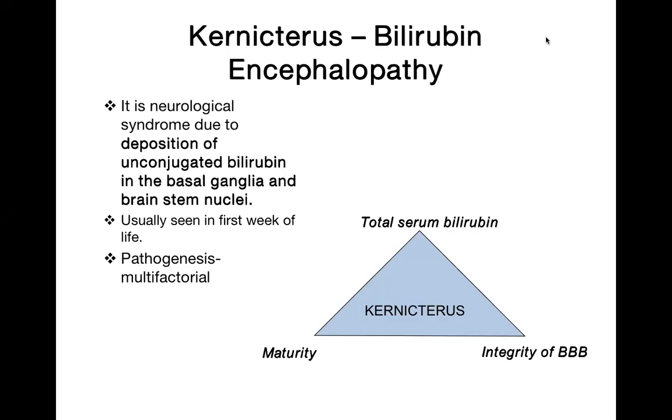Okay, now at last we talk about bilirubin encephalopathy or kernicterus. Now, acute stage of kernicterus is also known as bilirubin encephalopathy. Now, what is this? Remember, this total serum bilirubin is mainly the unconjugated variety in this case.